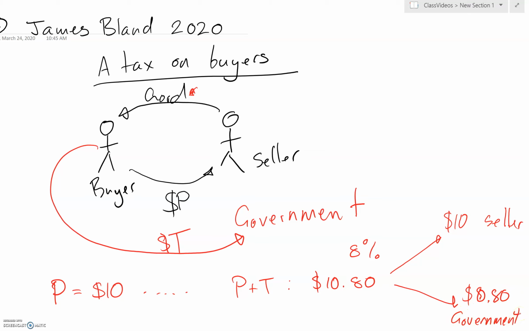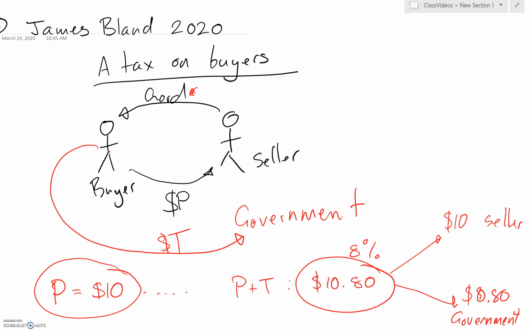But as a buyer now, the number that you're really paying attention to isn't this initial $10. You don't really care about the sticker price. What you care about is how much money you have to give up to get the good. And so what you really care about now is $10.80.